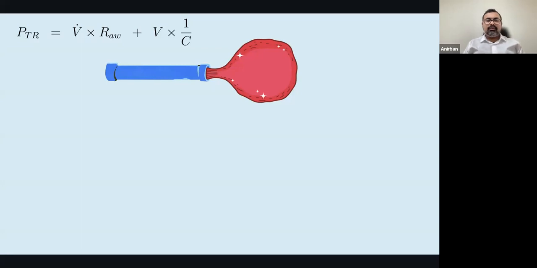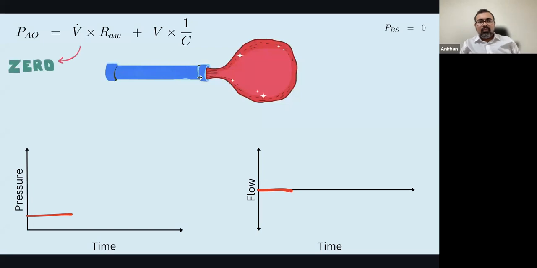So far we have understood that respiratory pressure is equal to flow times resistance plus volume divided by compliance. Respiratory pressure is the pressure differential between the airway occlusion and the body surface. The body surface pressure we consider to be 0. So then your respiratory pressure becomes the airway occlusion pressure, or the pressure that your ventilator monitors.